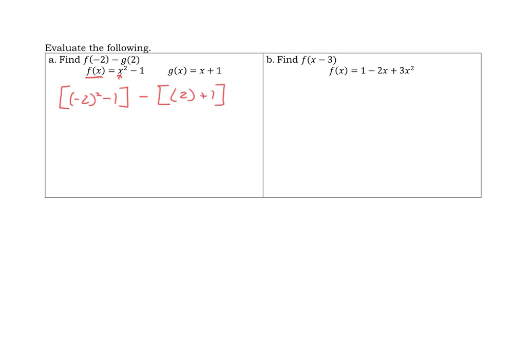Now I'm just going to do the math. So -2 squared is 4. 4 minus 1 is 3. 2 plus 1 is 3. 3 minus 3 is 0. And there is my solution.